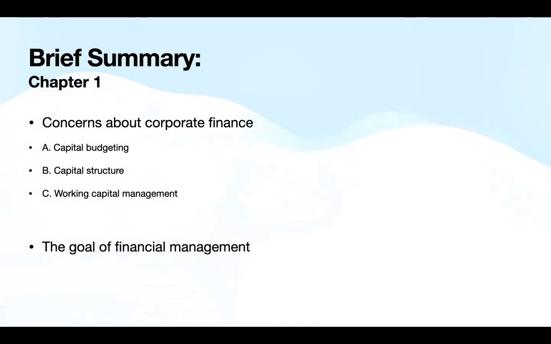In this chapter, it also emphasized the goal of financial management for a profit business, which is to make decisions that increase the value of the stock or, more generally, increase the market value of the equity.